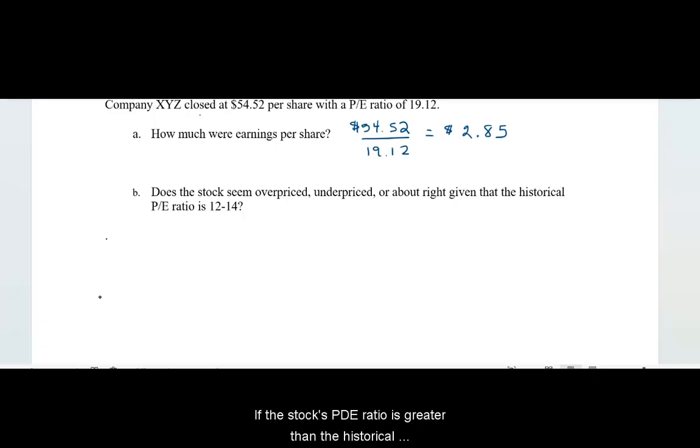If the stock's P to E ratio is greater than the historical average, then the stock would seem overpriced. And if it's right where it is, then it's about right. So again, to repeat, if the P to E ratio is less than the historical average, then your stock is underpriced. If it's over the historical average, then it's overpriced.